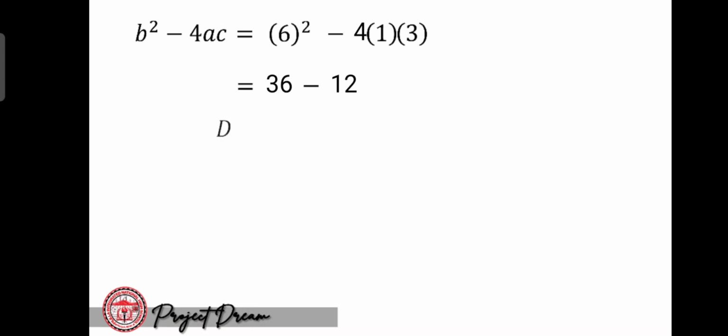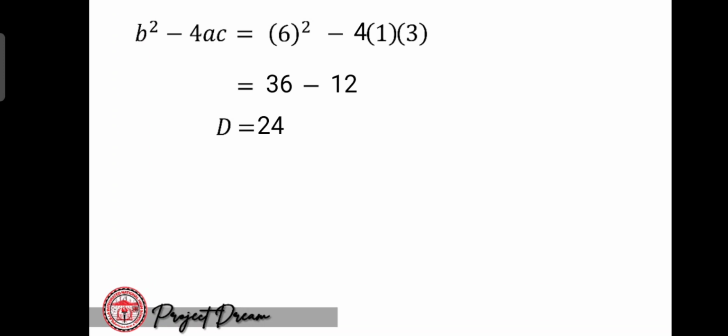Our discriminant is 24. So, as you can see, our discriminant is greater than 0, right? But not a perfect square. So, what do you think is the nature of the roots of the quadratic equation?